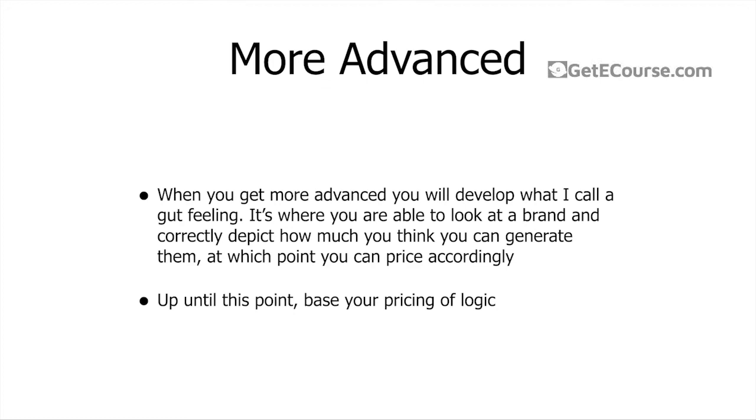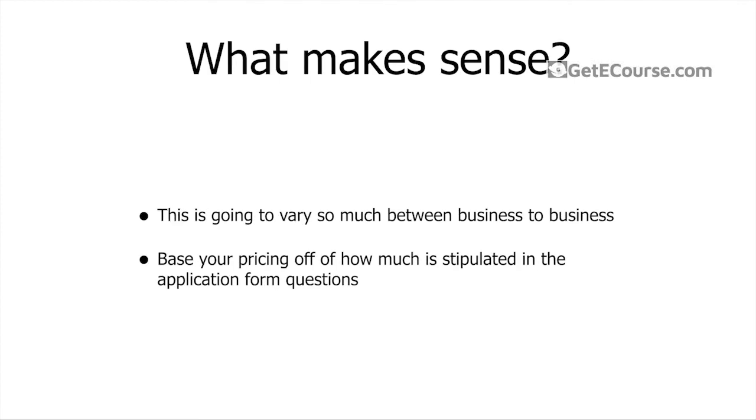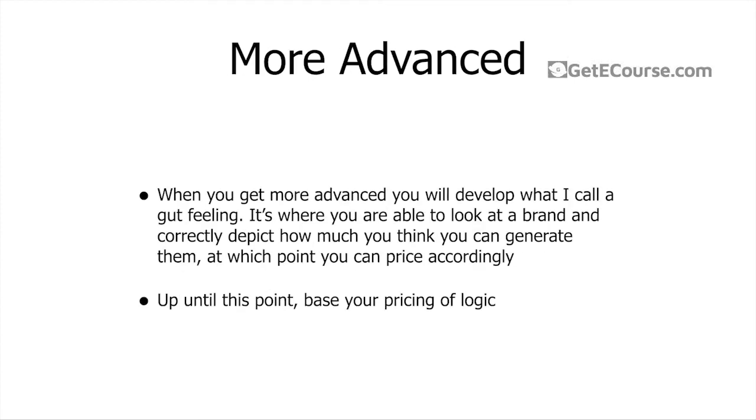If I see a brand and I think, I reckon I'll be able to generate these guys probably around 60 to 70,000 per month, well, then I'm going to charge them a 5,000-6,000 per month retainer, because it 100% makes sense, as this slide states, but also I know that I can charge that and still be an unbelievably valuable asset to the brand, okay?